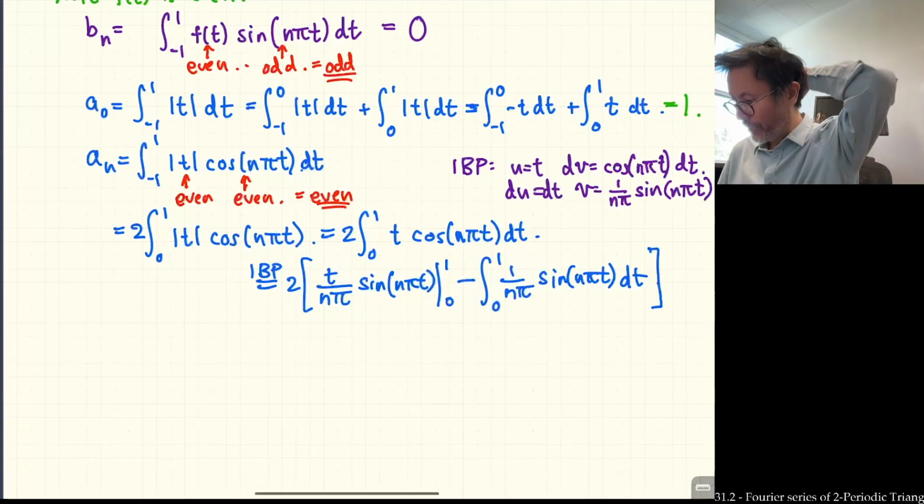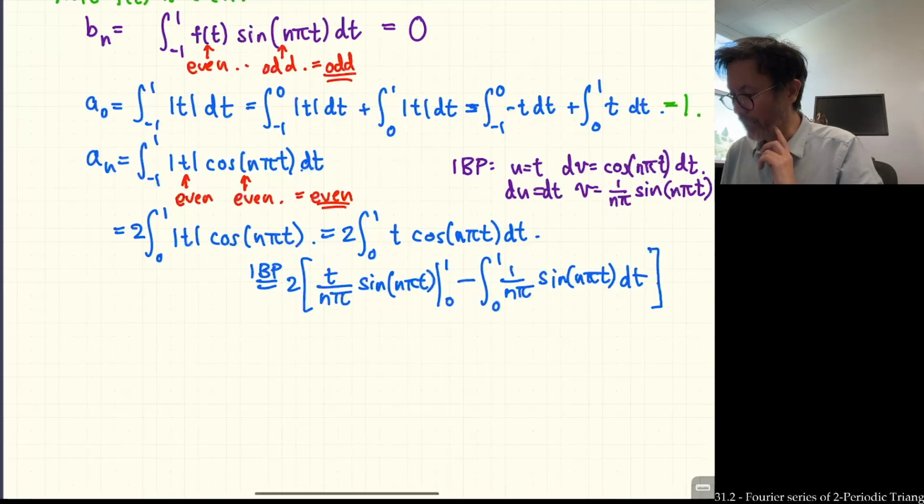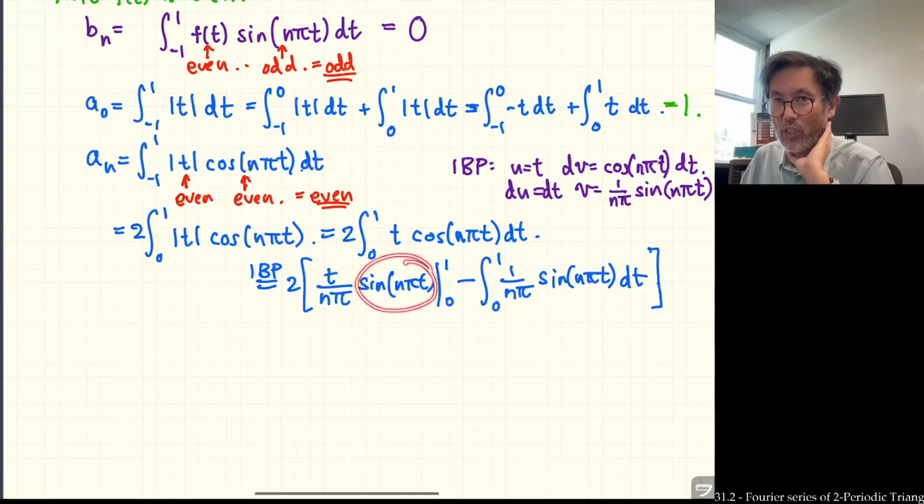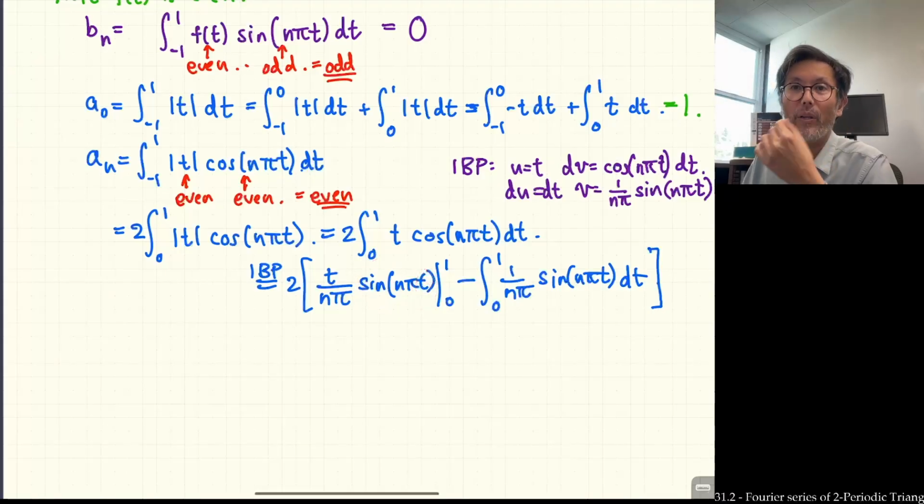Okay, let's keep going. So first of all, when I plug in 1, notice I've got sines of integer multiples of pi. And if I plug in an integer like 1 or 0 into that, I'm going to get 0, because sine of any integer multiple of pi is 0. So in other words, this whole bit just goes away.